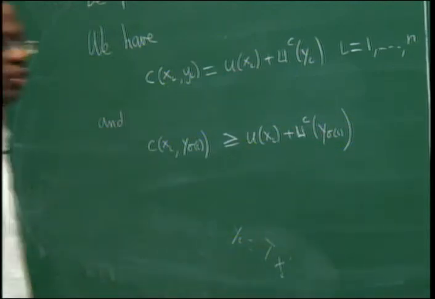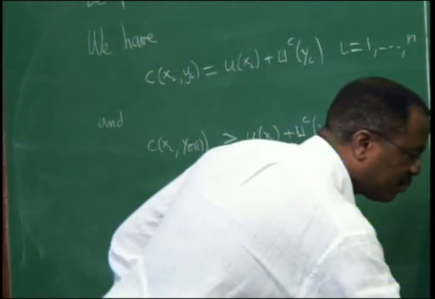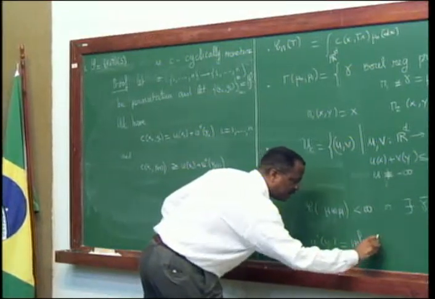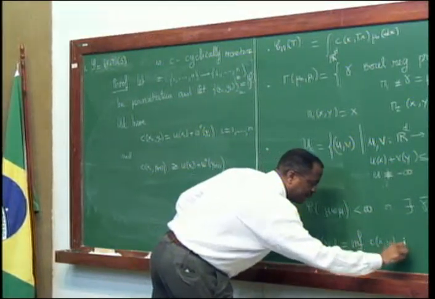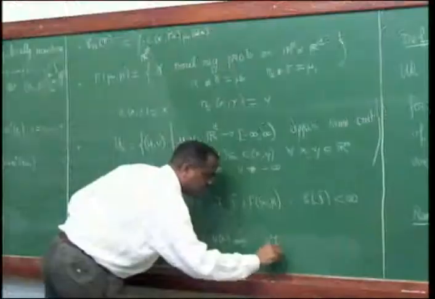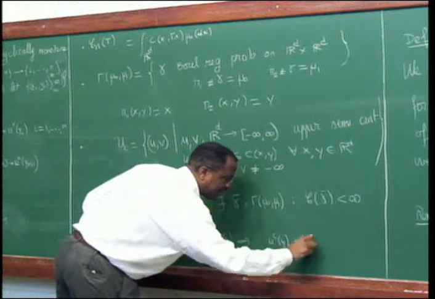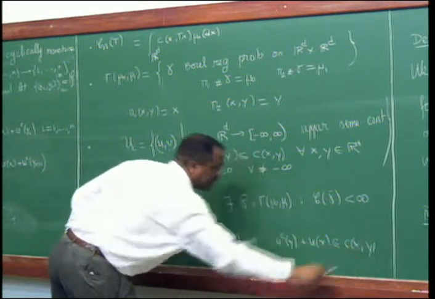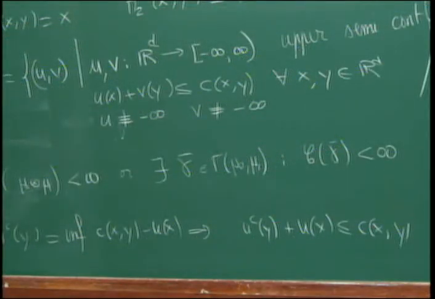Because by definition, U^c of y is the infimum of C of x, y minus U of x, which implies that U^c of y plus U of x is less than or equal to C of x, y for every x, y. So I use that property to conclude this.